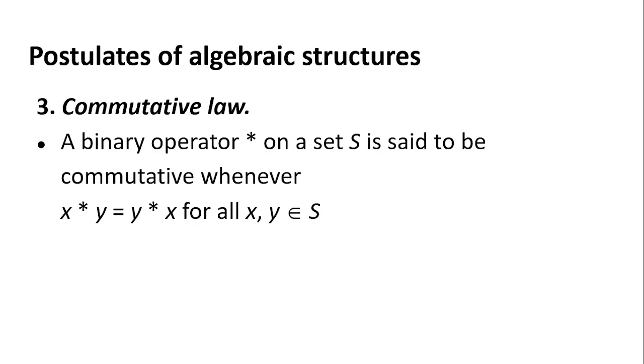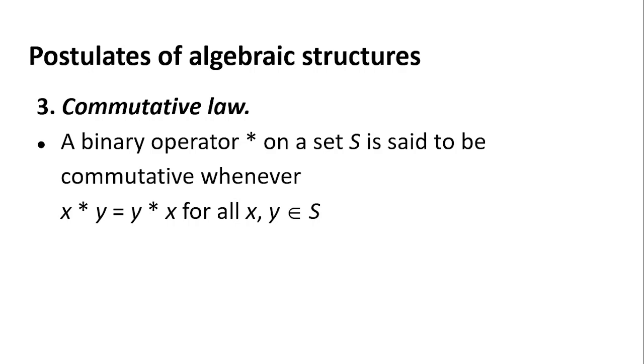Next one is commutative. Now this is exactly like associative, however it is between two elements. When we say associative, you need three elements because you combine two and then the third one, whereas here you combine only two.